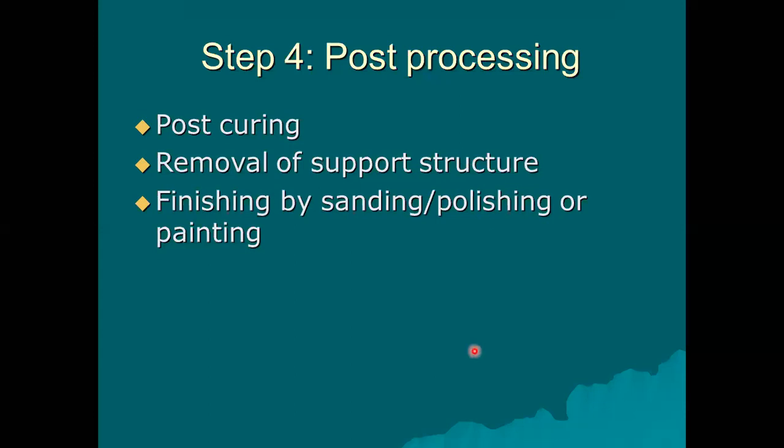So if there's an overhanging feature, you need to plan for the support structure from the very beginning, and you have to deposit the support structure on which later, when the overhanging feature comes, you will deposit. Later on, you have to remove that support structure because that is not part of the component.